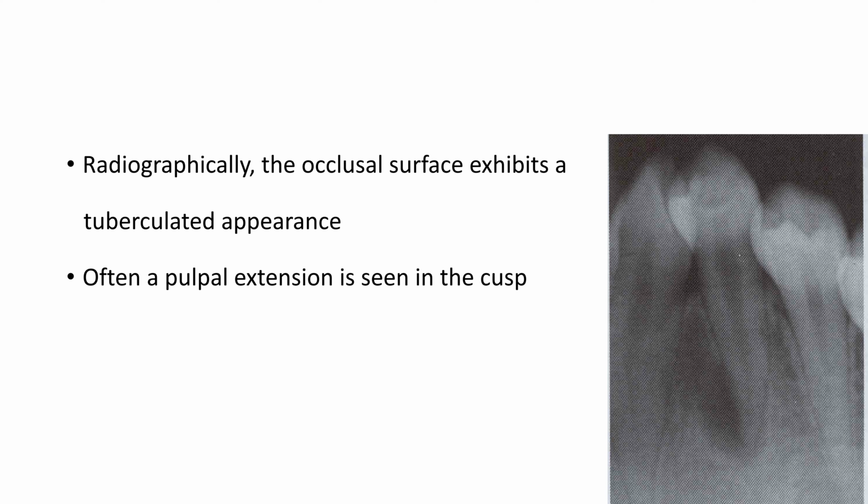Like in the picture, attrition of the accessory cusp leads to pulpal necrosis and periapical inflammatory disease. This is the affected tooth, showing the periapical inflammation, attrition and pulpal exposure.